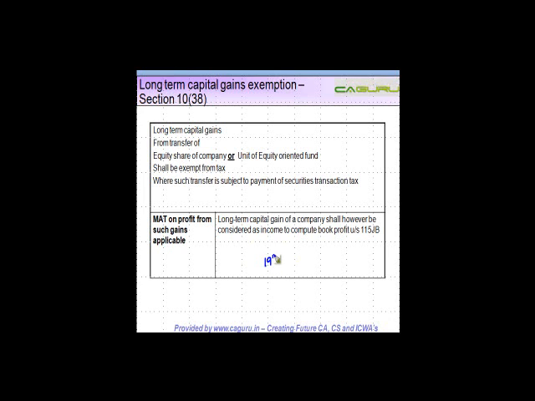So let's say if it is 19%, you pay 19% tax on those profits, right? So in a nutshell, long-term capital gain arising from transfer of equity shares or units of equity oriented funds subject to STT are exempt from tax, but you pay MAT on these profits in case of companies.